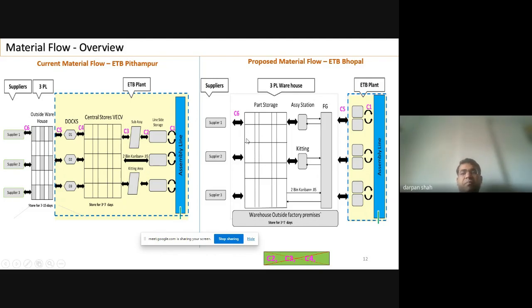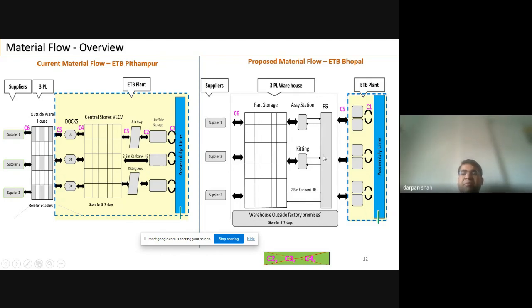Compared to that, here we have eliminated three handlings. The component is supplied directly. We have commonized the 3PL warehouse with our main warehouse, and all the sub-assemblies and kitting are done there only.